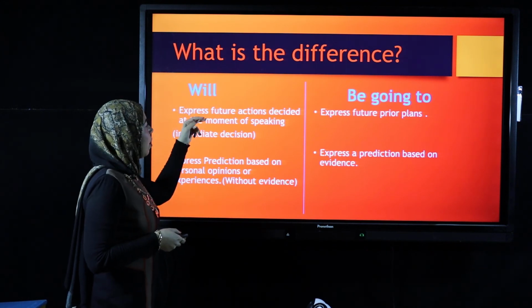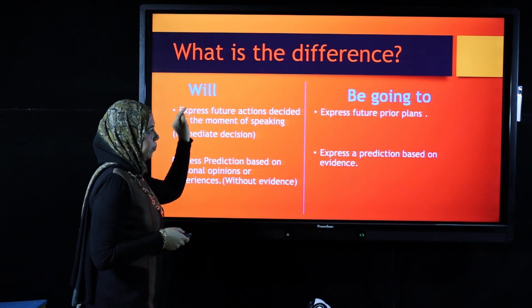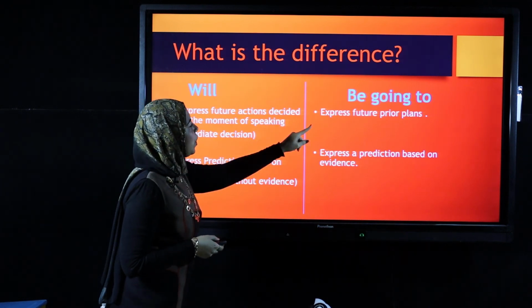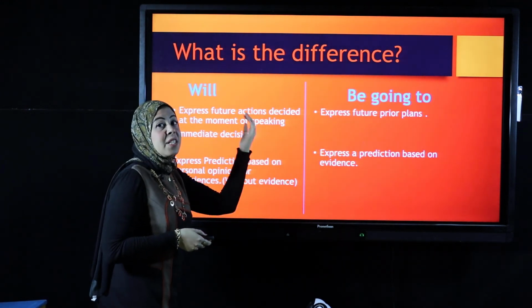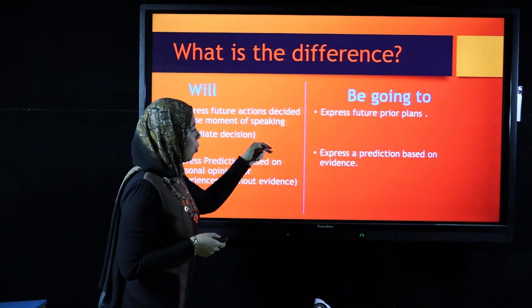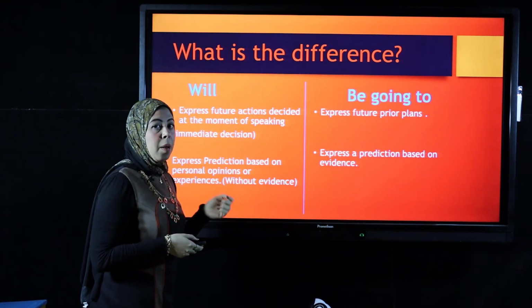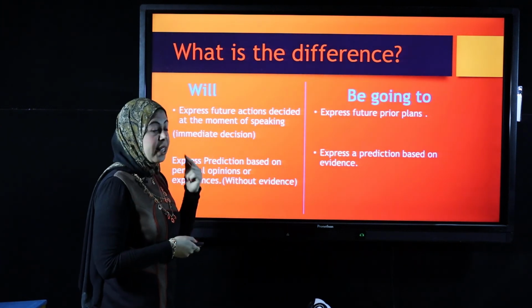And to make quick decisions, we use "will." And here, "be going to" expresses the future based on a plan that we have. And the next point, to express a prediction, but in this case, we have a sign, we have an evidence for it, and I can see it.